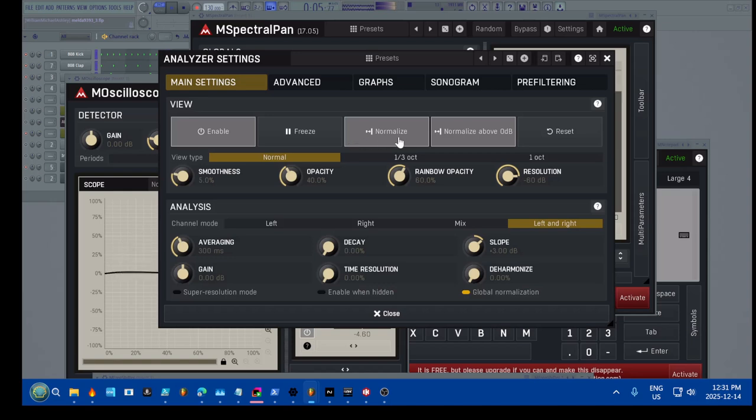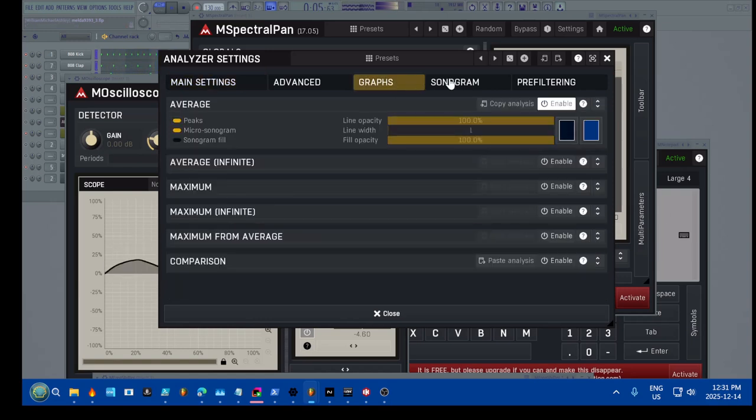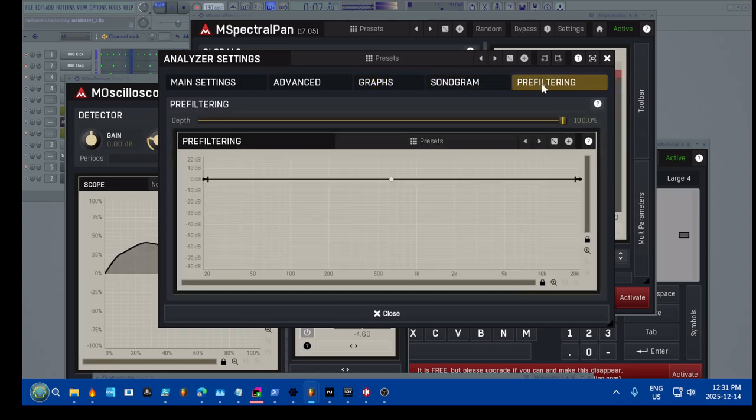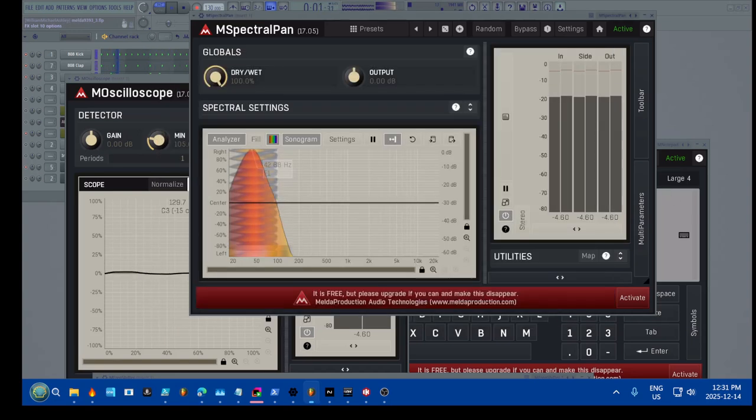But detection and like, these are very fine tuning items. Yeah, so they're useful if you're actually doing more audio engineering.